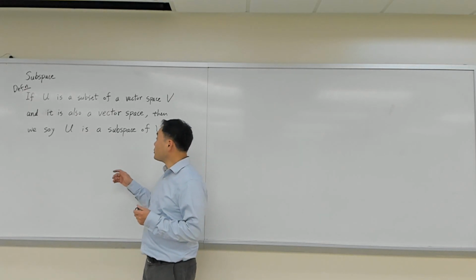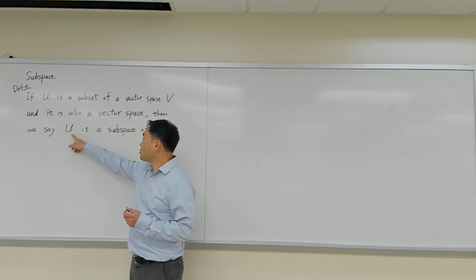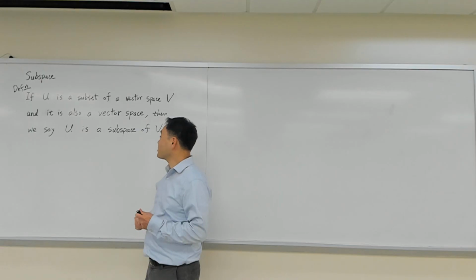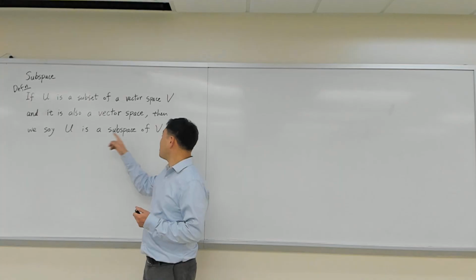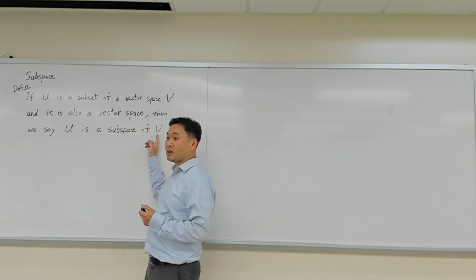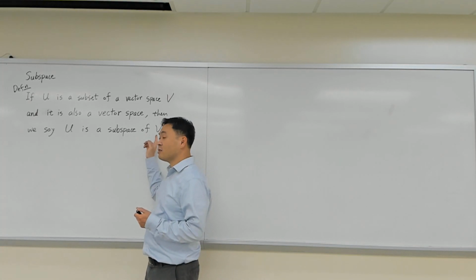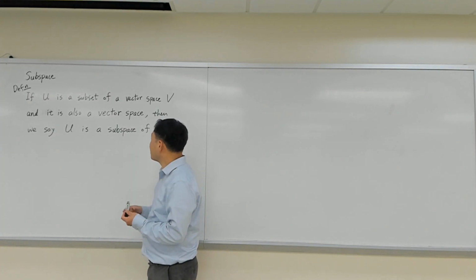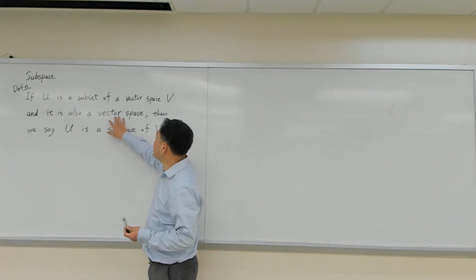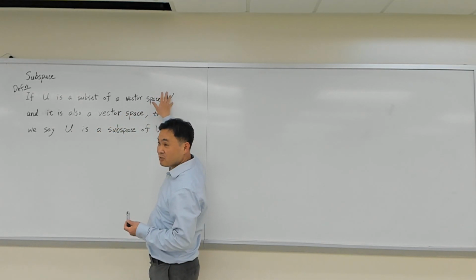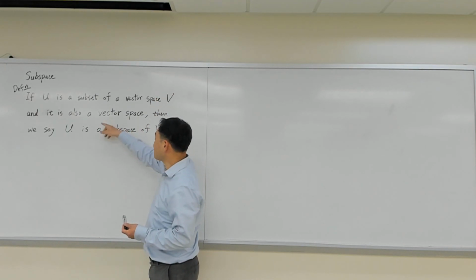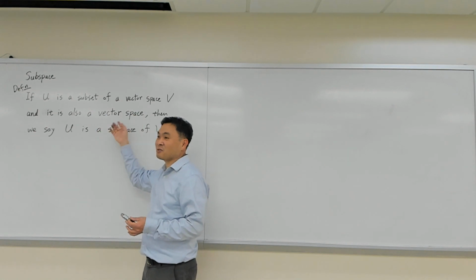And if we had to use the same standards for U, then it's a bit tough. However, because U is going to use the same scalar multiplication and addition, I should really say this: it has to be a vector space using the same scalar multiplication and addition of V. I didn't write that, but that's the unwritten thing.